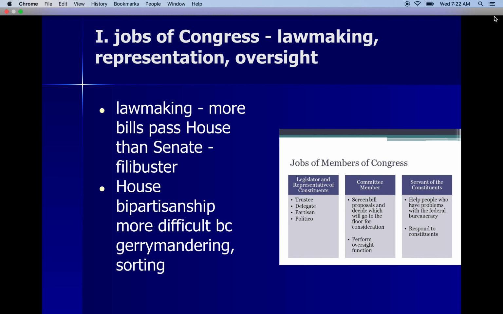It's either 75-25 Republican or like San Francisco, 75-25 Democrat. So given that, it's not really in anybody's interest to compromise. Ever. You want to lose your job, compromise with the other side. So it's made the lawmaking function, the lawmaking job, kind of more difficult for Congress.